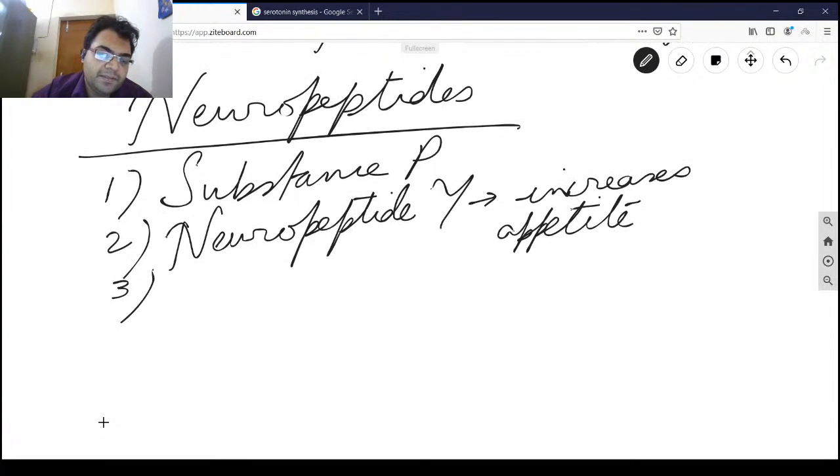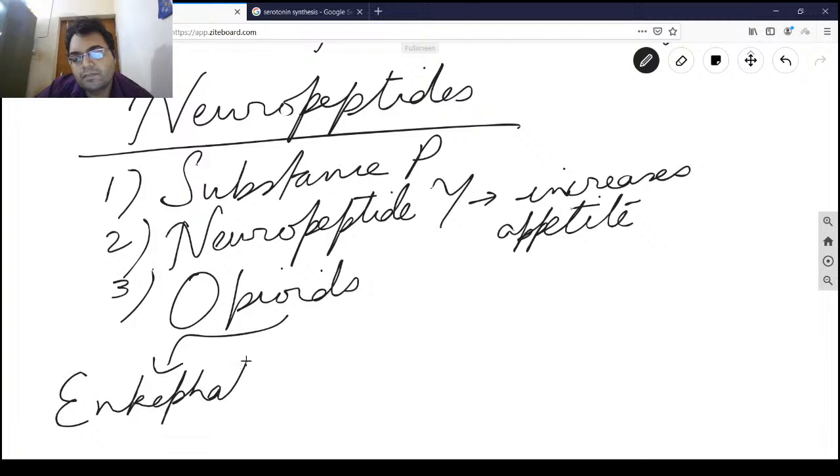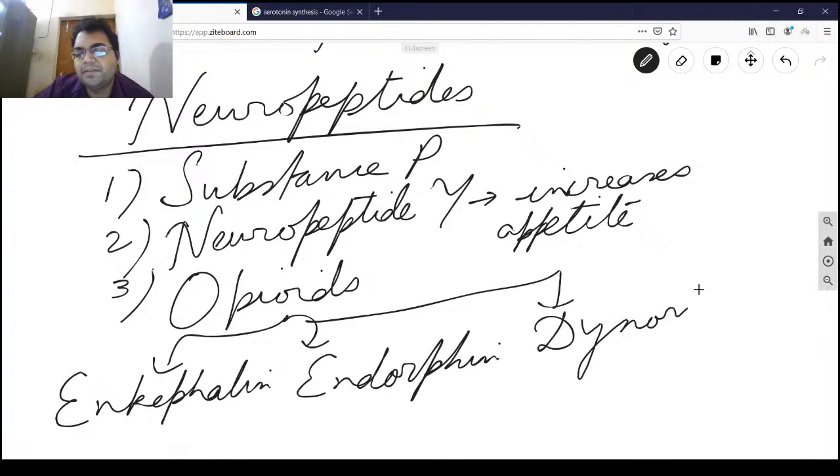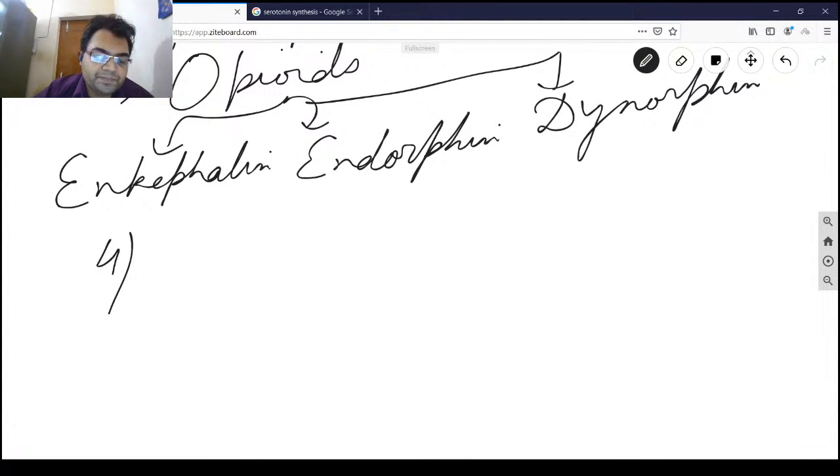Then at number three, you can have another neurotransmitter group known as the opioids: enkephalin, endorphin, and dynorphin. Then you will be having other neurotransmitters which are purines.